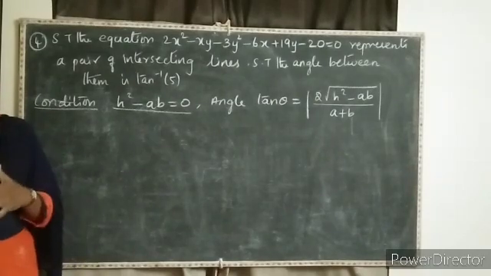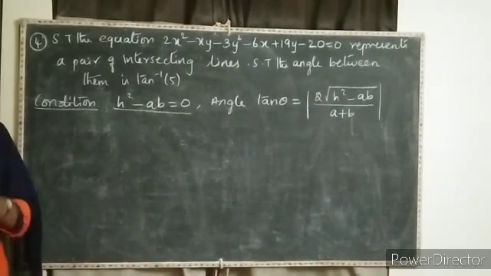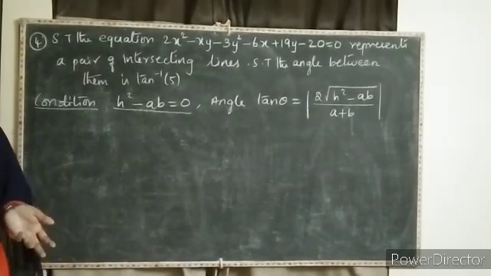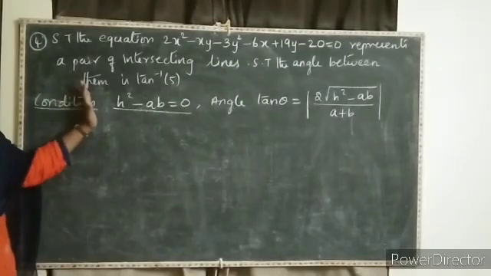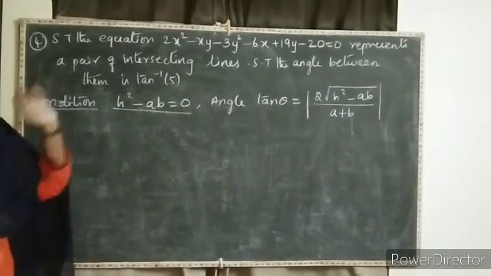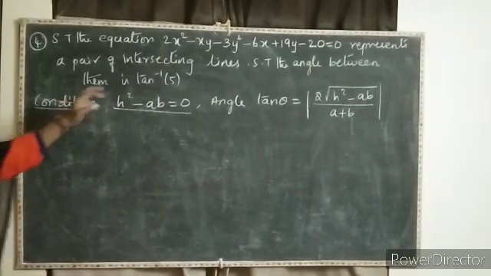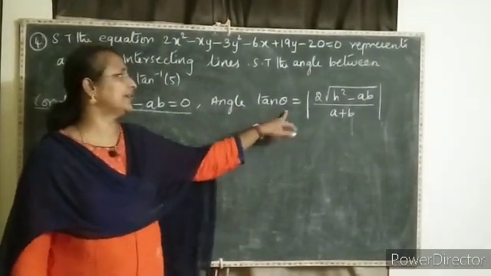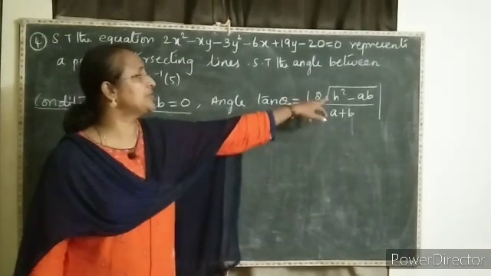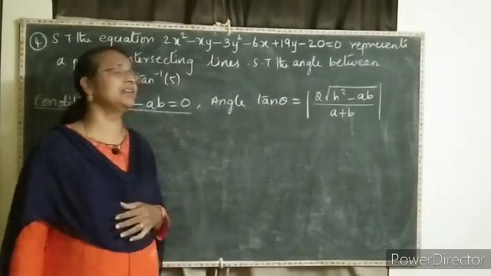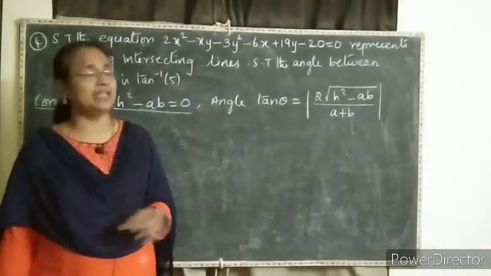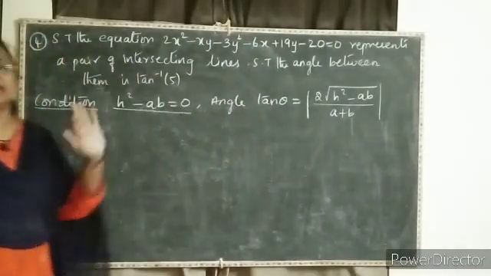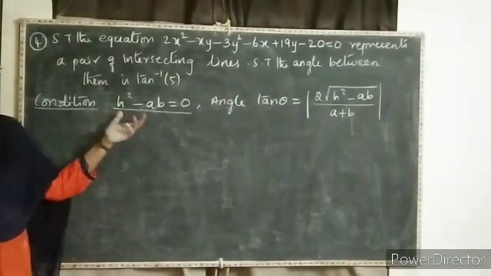Either they are perpendicular, intersecting at right angles, or they intersect each other, but strictly, they should not be parallel. Now, we know the formula to find the angle between the two straight lines, that is tan theta equal to modulus of 2 into square root of h squared minus ab divided by a plus b. For all these things, we need the values of a, b and h.